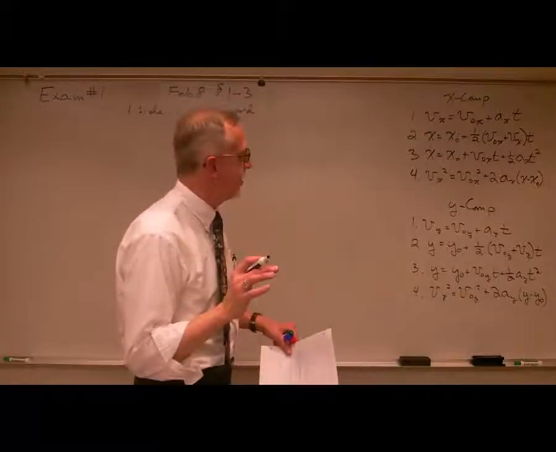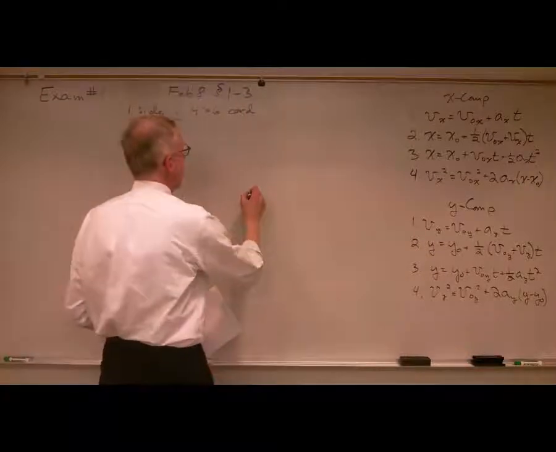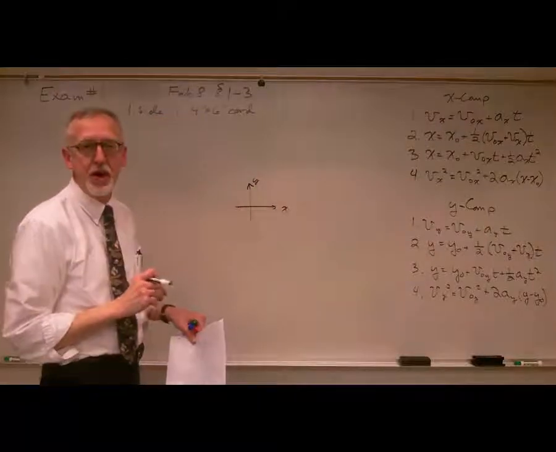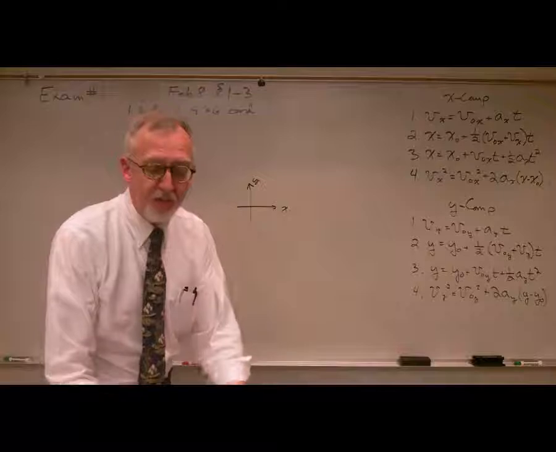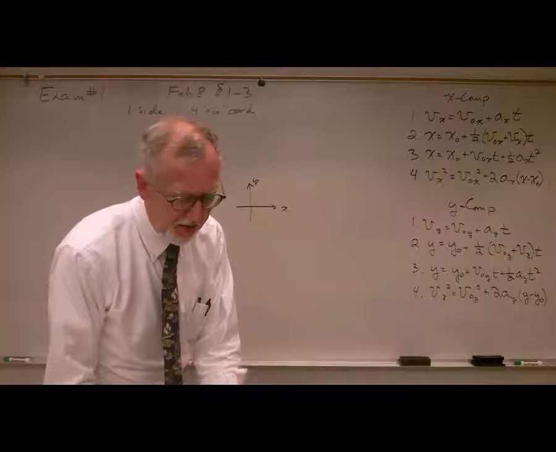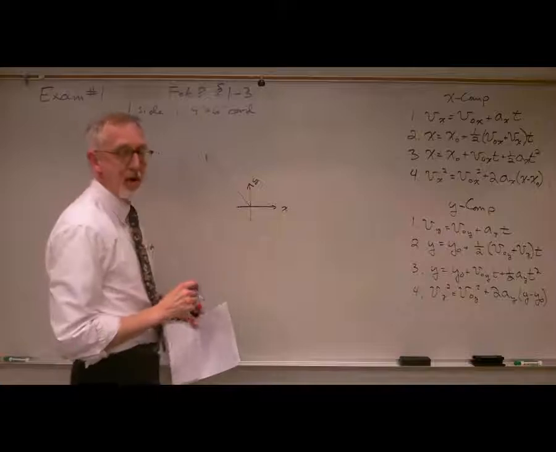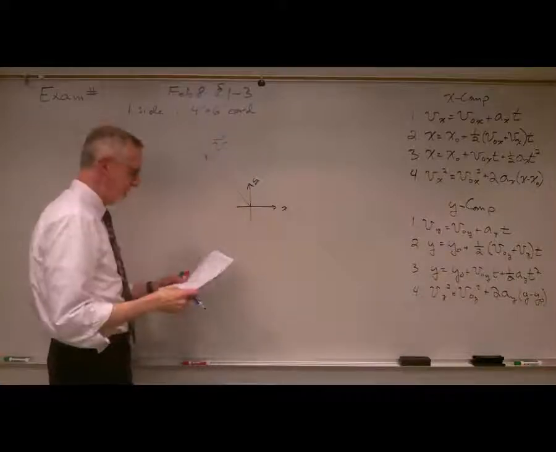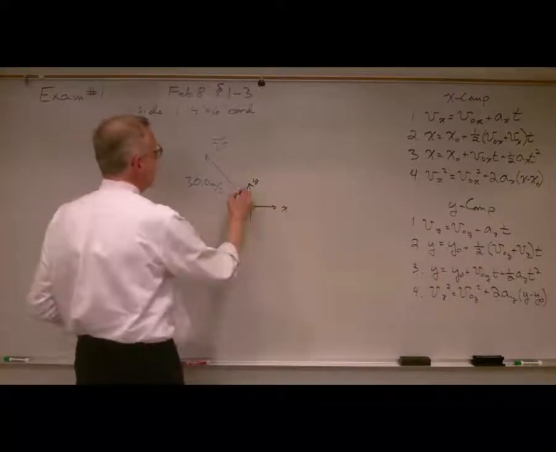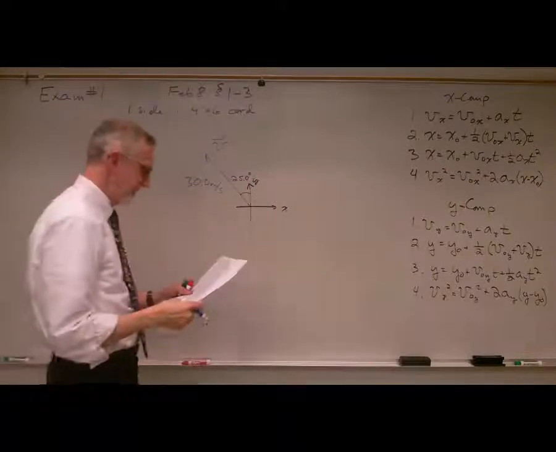Okay, now one thing to keep in mind, let's just think about vectors for a second. Let's imagine we've got our standard orientation for coordinates, say x positive to the right, y positive upwards. If we've got some vector, let's say a velocity vector, maybe in that direction, with a magnitude of, let's say, 30 meters per second, at an angle of 25 degrees to the left of the y-axis.